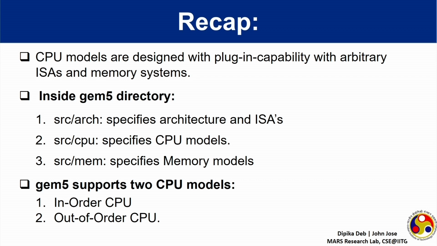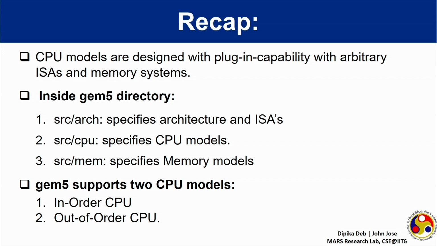As a tour of the gem5 directory, we have seen that the first directory specifies the architecture and the instruction set architecture present in gem5. The second directory specifies the CPU models, and the third directory specifies the memory models.